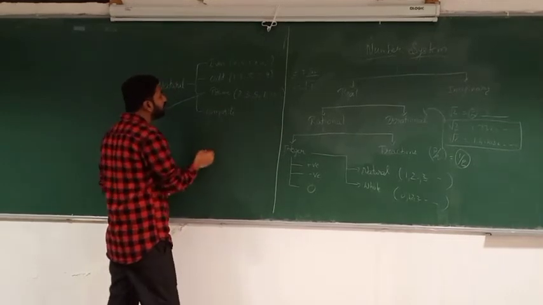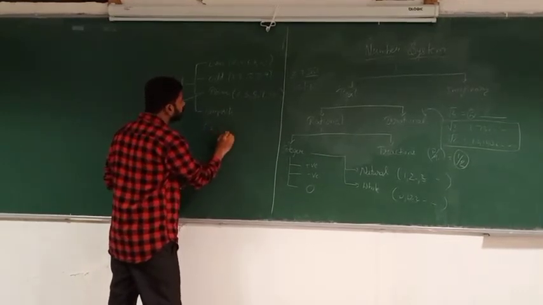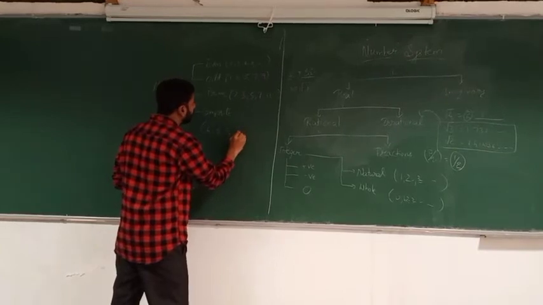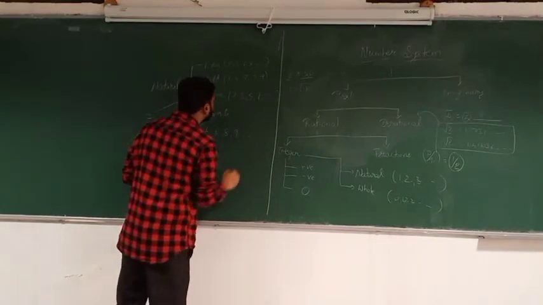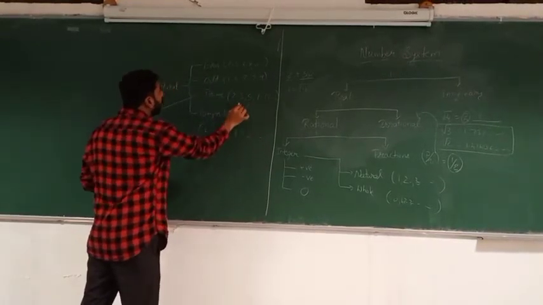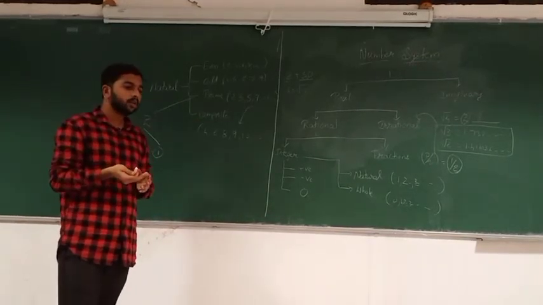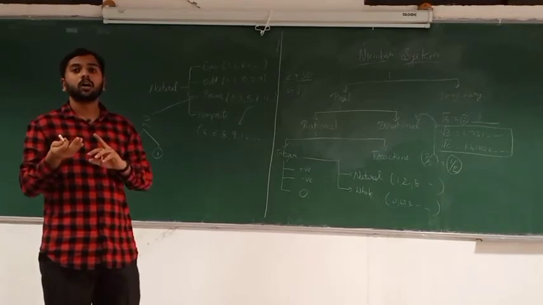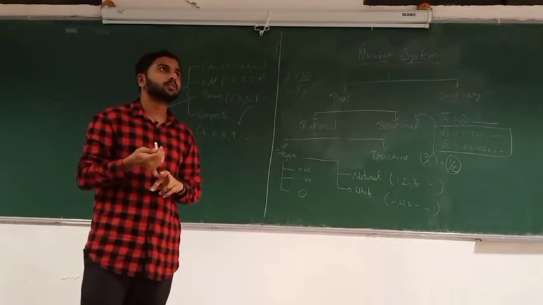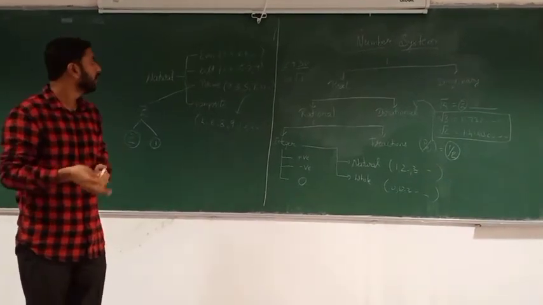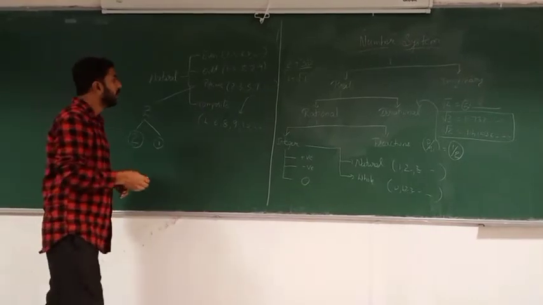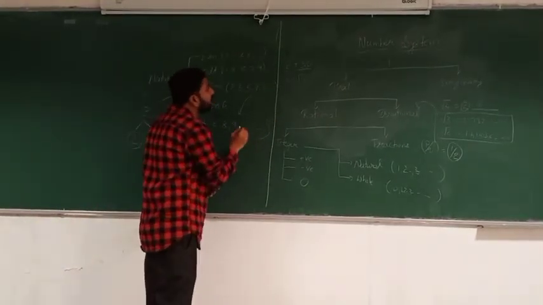The composite numbers are 4, 6, 8, 9, 10, etc. The number 1 is neither a prime number nor a composite number. And these are the types of the number system.